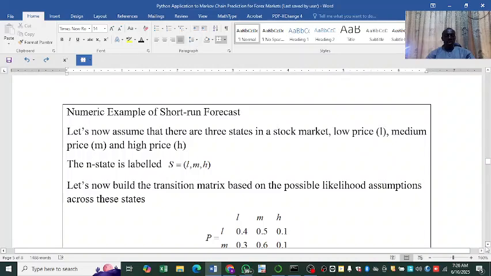We continue like that until we get to the number of periods ahead that we want to predict. Now, look at the numeric example we have here.